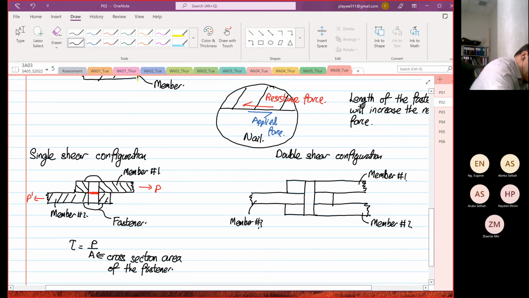Right? Then over here, this is our fastener. And this is member number 3 cross section. And you have member number 1 and member number 2.